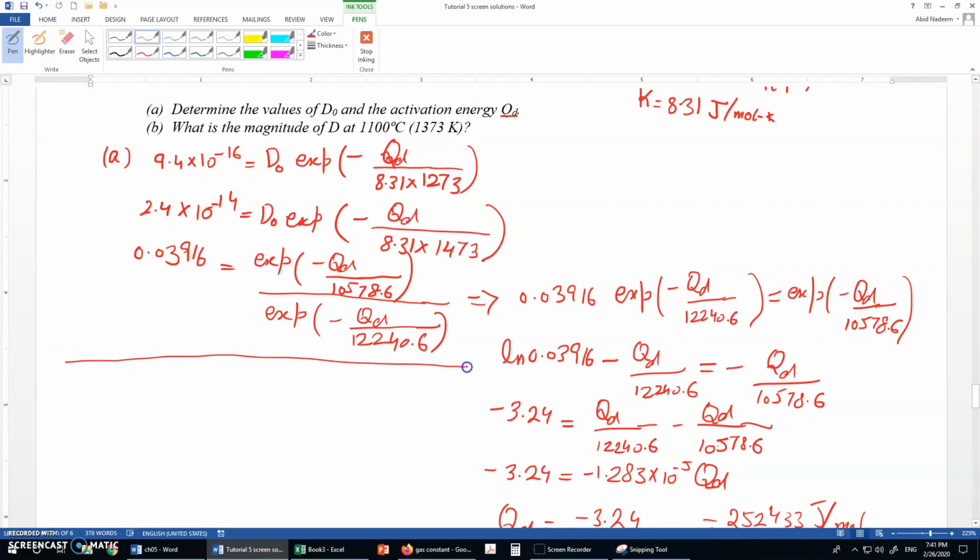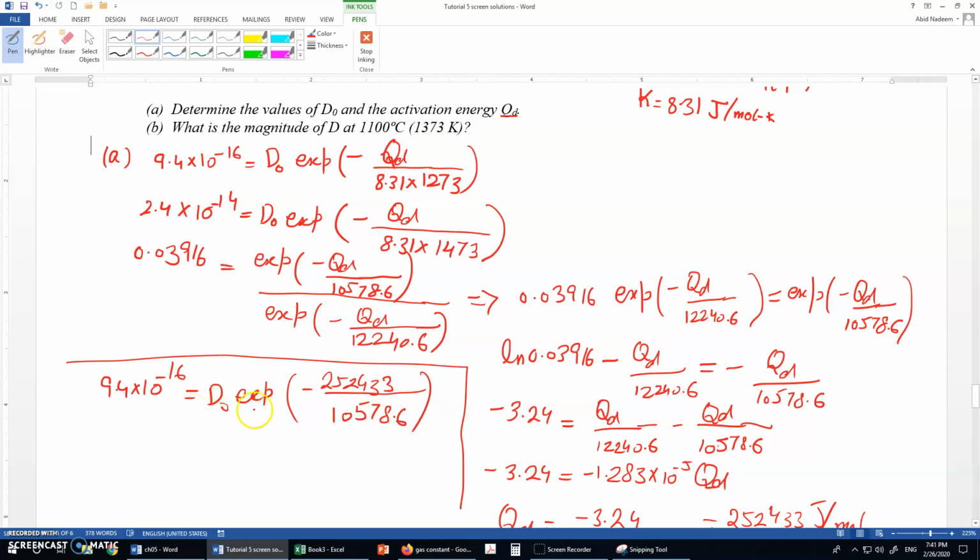For this, I can use the first equation: 9.4 into 10 to the power minus 16 equal to D naught exponent, QD, now we know the value, 252,433 divided by gas constant 8.31 times 1273, which we have already calculated, which was equal to 10,578.6.